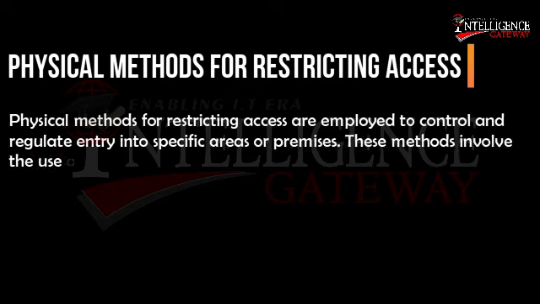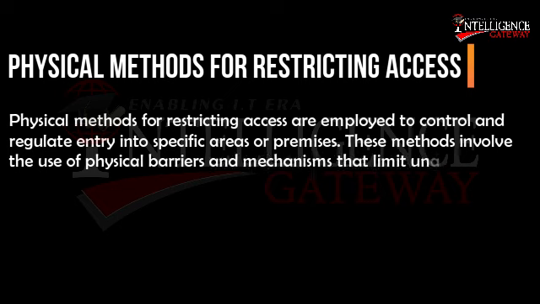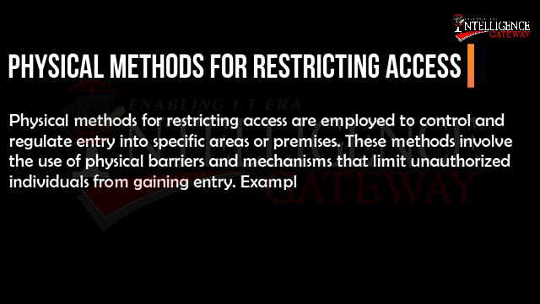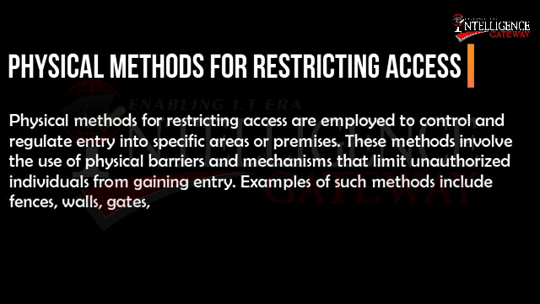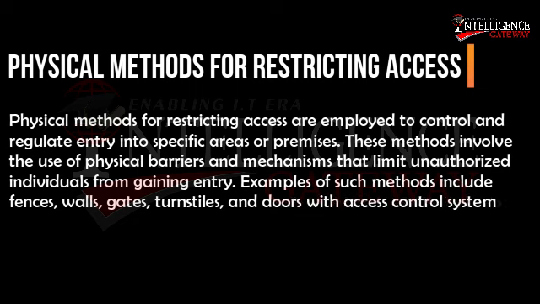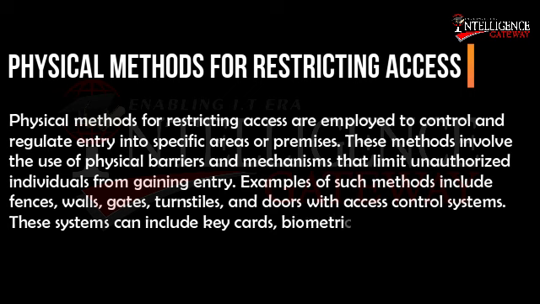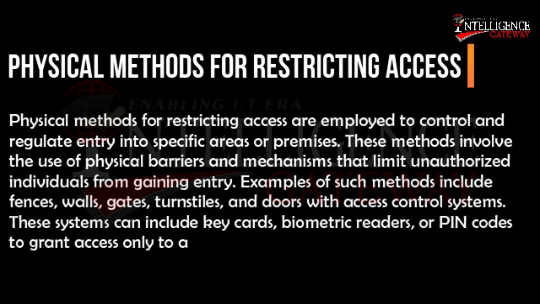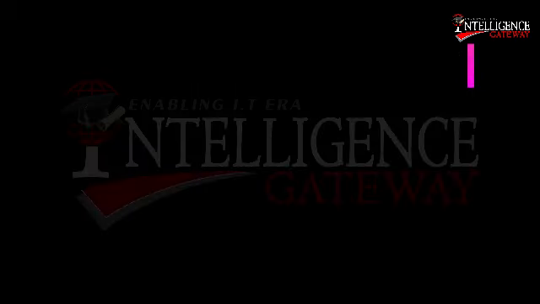These methods involve the use of physical barriers and mechanisms that limit unauthorized individuals from gaining entry. Examples of such methods include fences, walls, gates, turnstiles, and doors with access control systems. These systems can include key cards, biometric readers, or PIN codes to grant access only to authorized personnel.